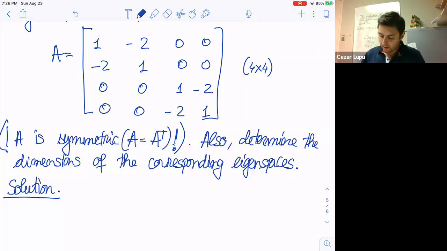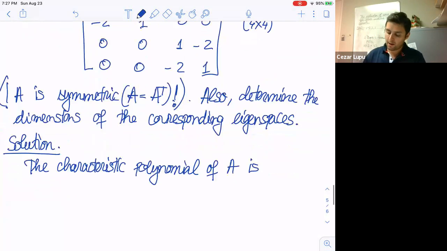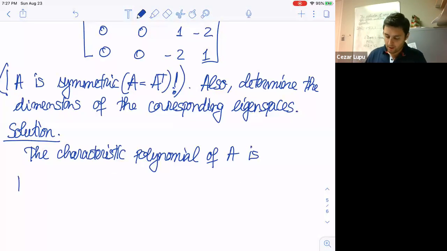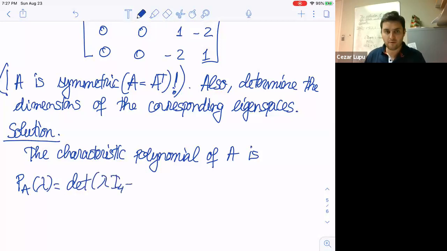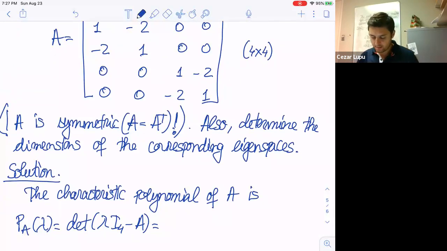Well, the characteristic polynomial of A is given by, and now let's write it. So this will be P_A of lambda, which is the determinant of lambda times the identity I4 this time, since it's a 4 by 4 matrix, minus A. And now let's write this crazy thing here.